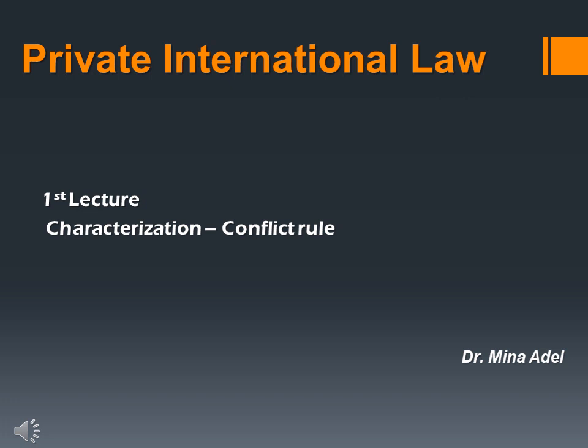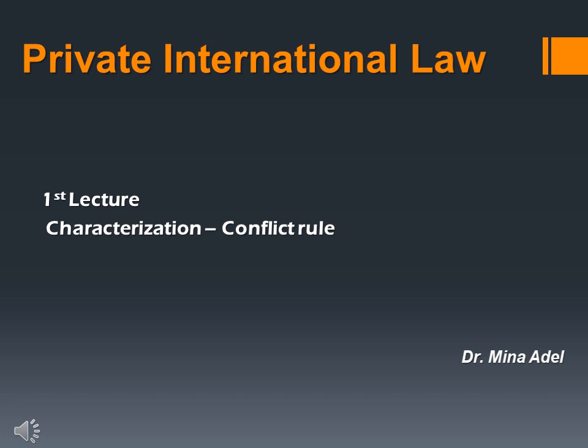We have the United Nations Convention on Contracts for the International Sale of Goods of 1980, we call it the Vienna Convention of 1980, and this convention will give us substantive rules.